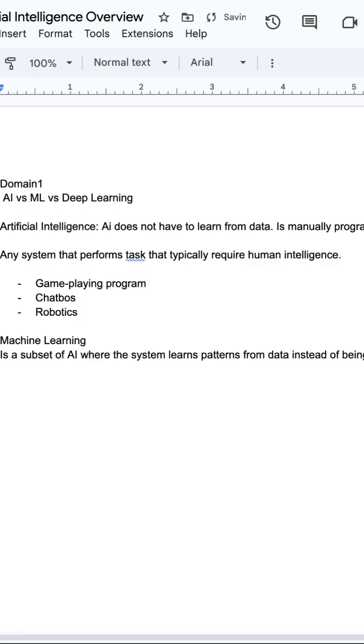So instead of a human writing, "if this email contains these 10 words, mark it as spam," we input the system with thousands of emails that we've labeled as spam before, and moving forward, machine learning is going to automatically mark those emails as spam.